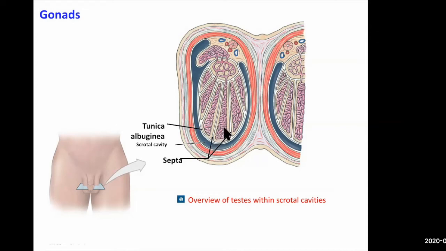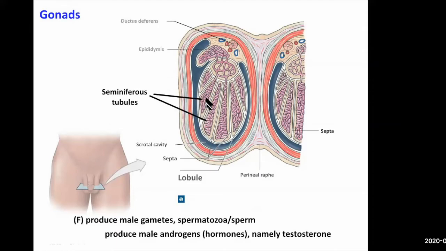It's going to be produced in these tubules within there and travel along these tracts through a different way. So these are the seminiferous tubules. A male has about a quarter mile of these seminiferous tubules packed inside, organized into lobules within the individual testes.